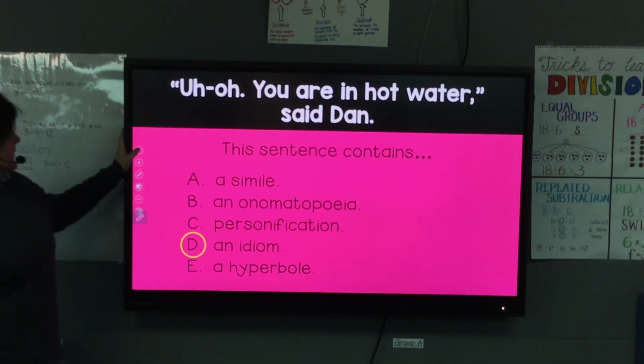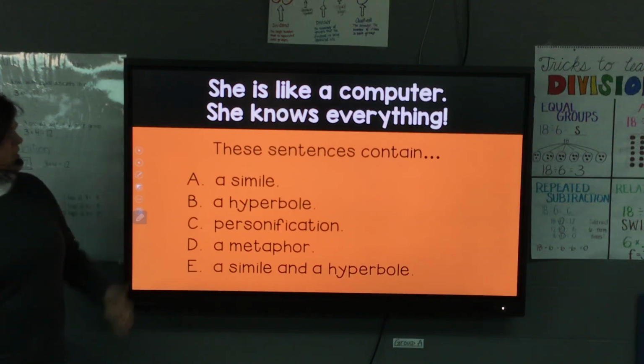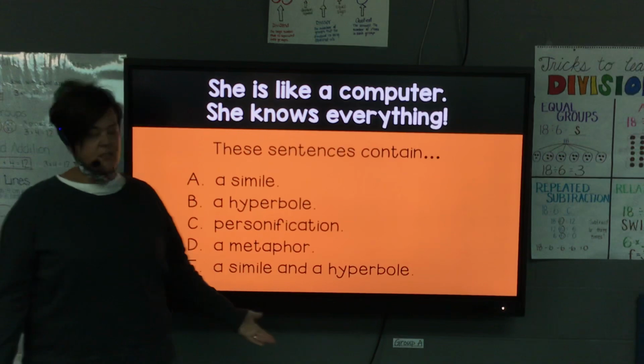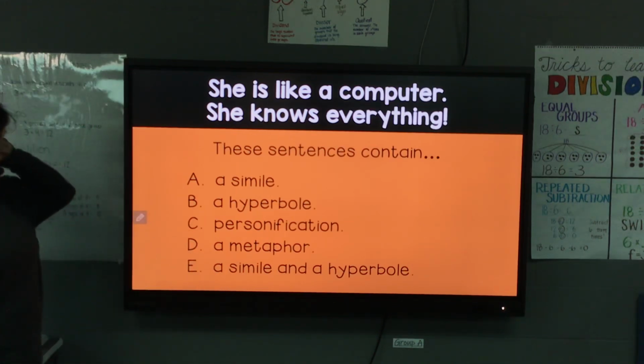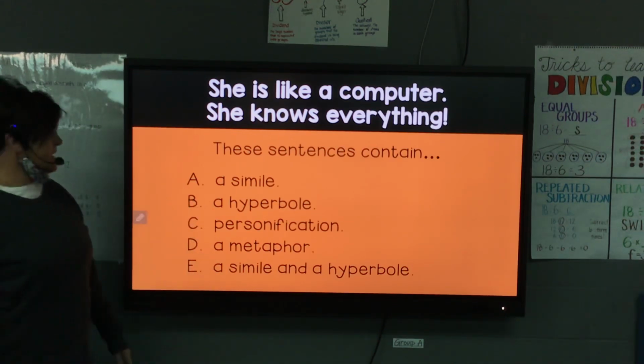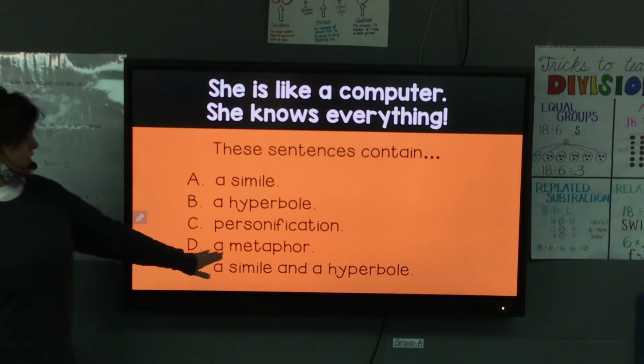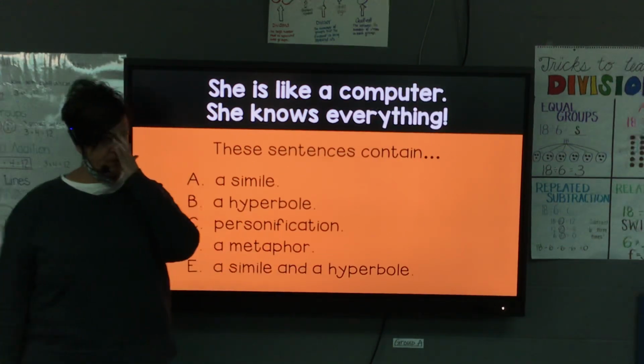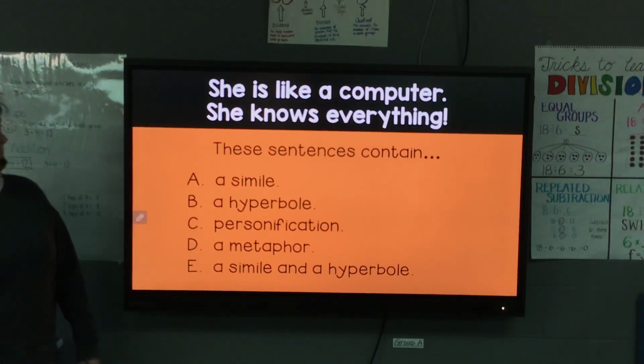Okay, let's do one more. She is like a computer. She knows everything. Is that a simile, hyperbole, personification, metaphor, or simile and hyperbole? She is like a computer.